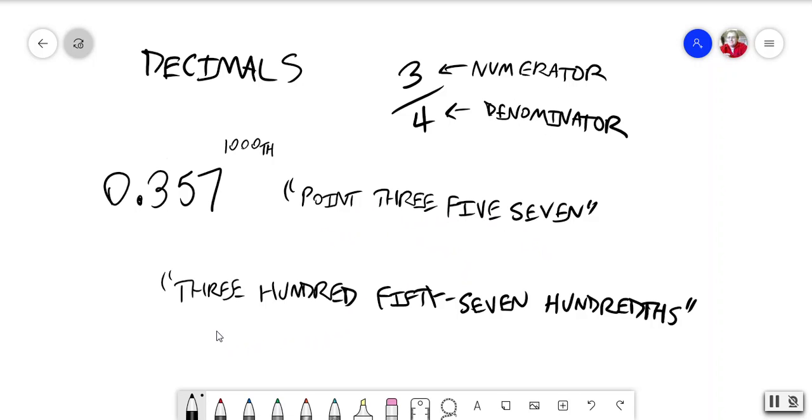In Russia, they teach it 357 thousandths. Of course, they would say it in Russian, not English. And I know a little bit of Russian, but I don't know the words for fractions. So sorry, that's the way it goes. But if you learn to say it using fraction names, you really understand what it is instead of just saying point such and such and such like we Americans do.